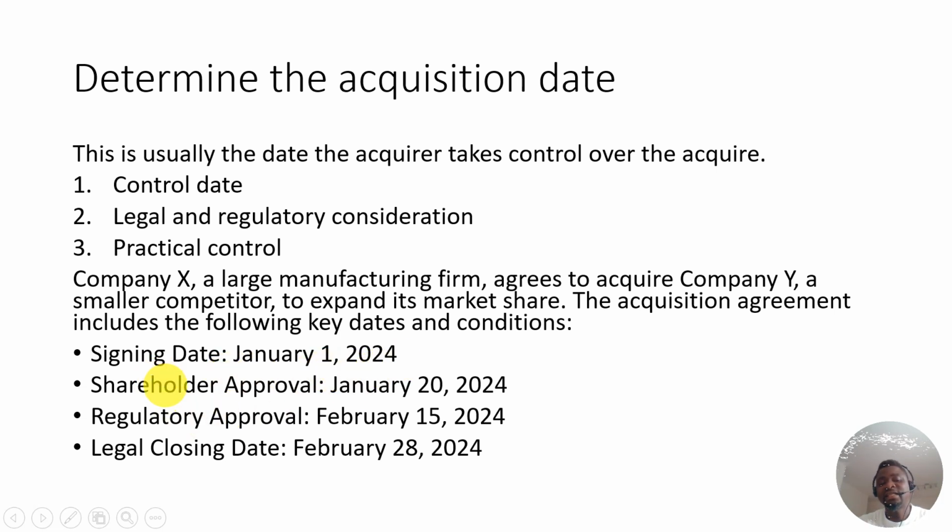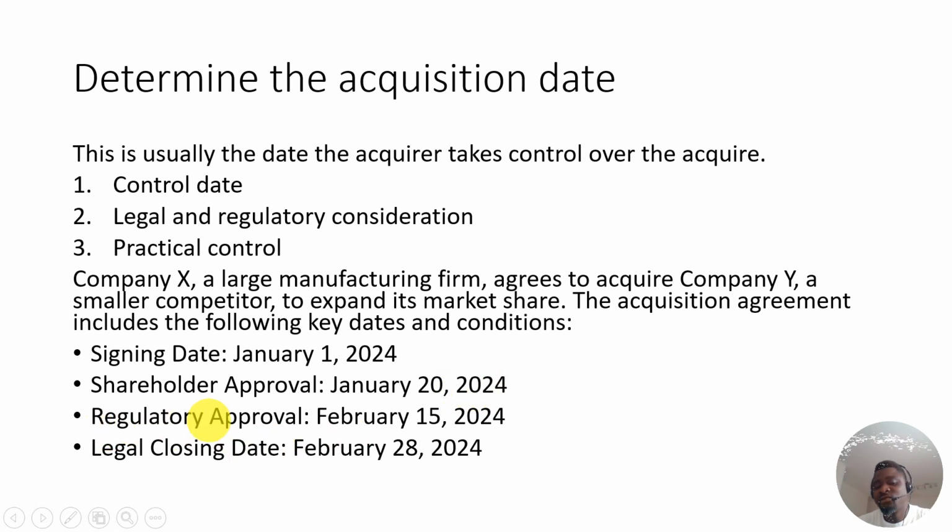Then the agreement goes to the shareholders for approval, and the shareholders say, "Oh, we are approving it on 20th of January," which is a date after the signing, in 2024.